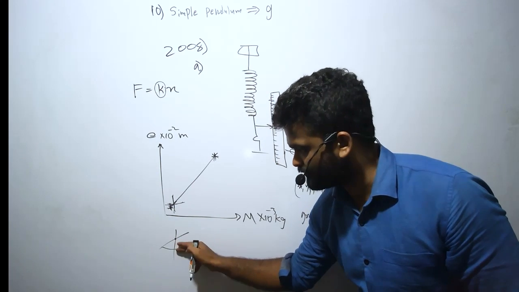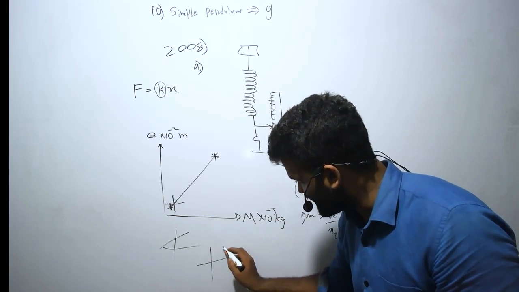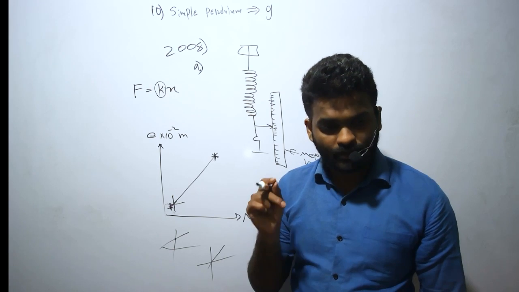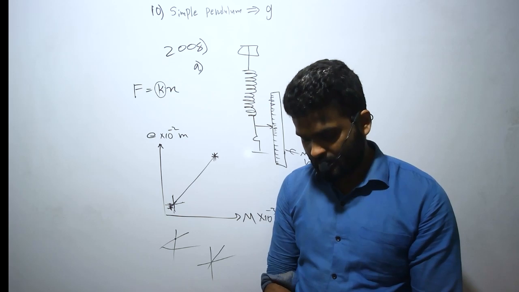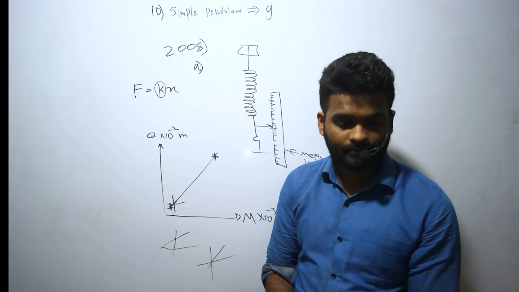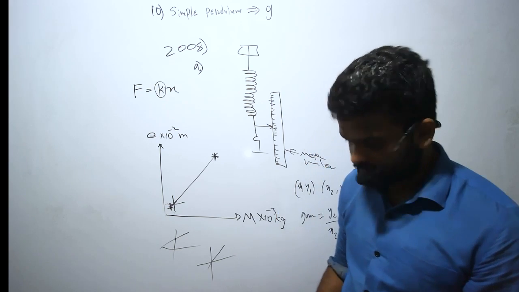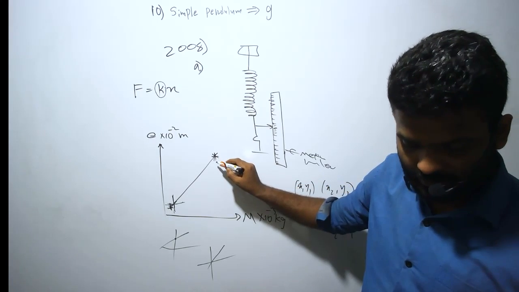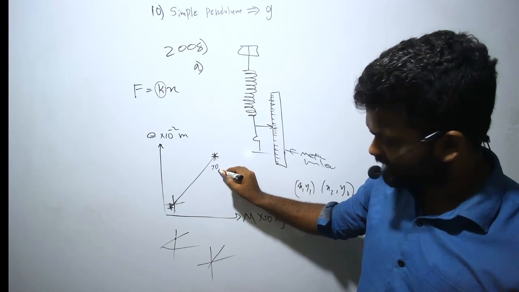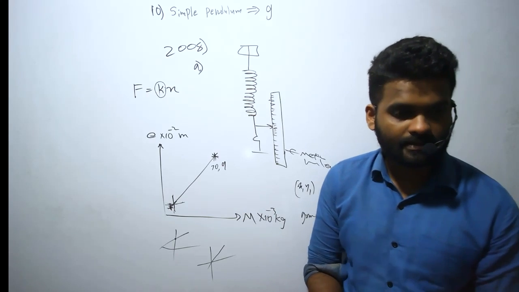If it fractionally intersects, you cannot use that. The graph should exactly go like this, right? So if you consider all those, you can find the most appropriate 2 points on the graph. So this point, the most appropriate point is x coordinate 70, y coordinate is 9. 70 and 9.